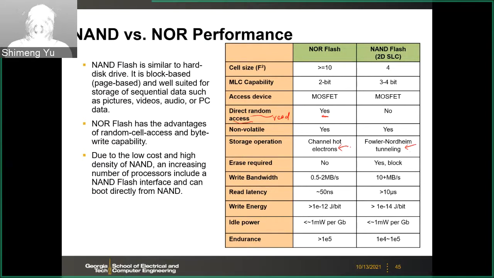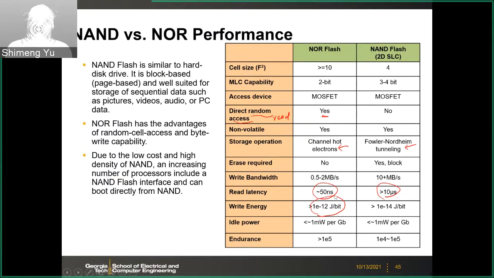In terms of the latency, this is a key difference. NOR flash is 50 nanoseconds, and NAND flash may be larger than 10 microseconds. And the write energy for the NOR flash is also much higher. This is because of channel hot electrons, as we discussed before, where you need to pass large drain currents.